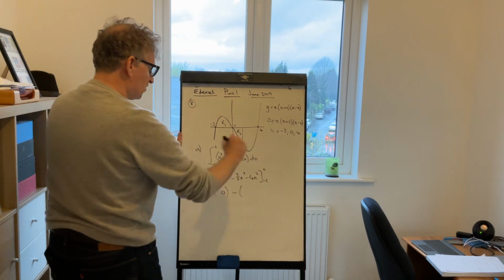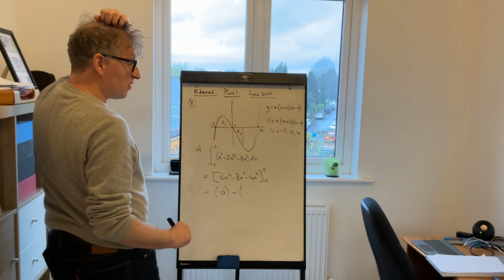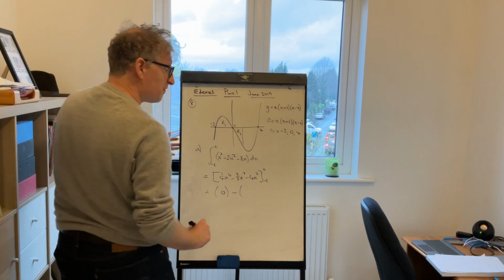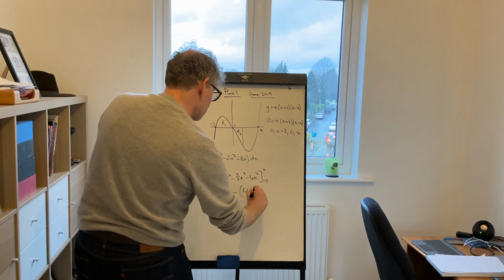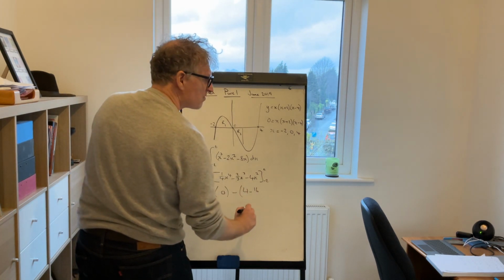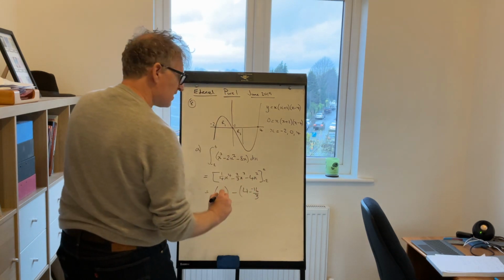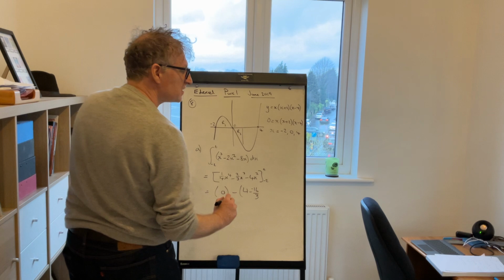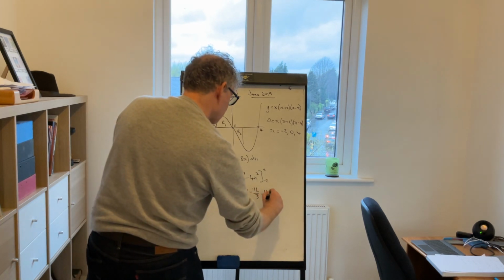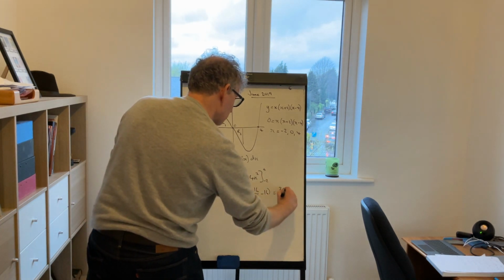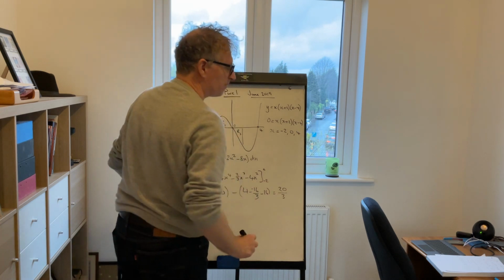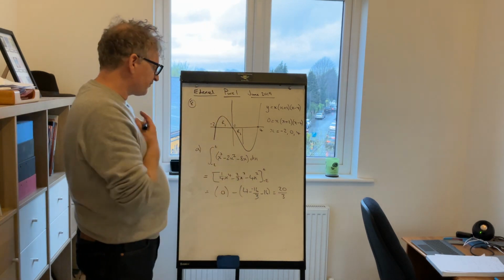Then put the minus 2 in, and we're going to get 4 plus 16 over 3, minus 16. So plug it all in and we get 20 over 3. So we get our answer.